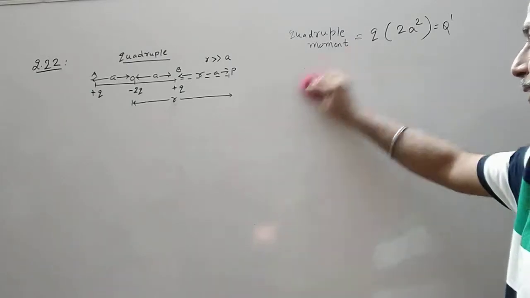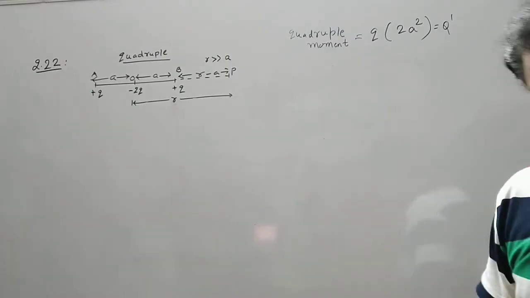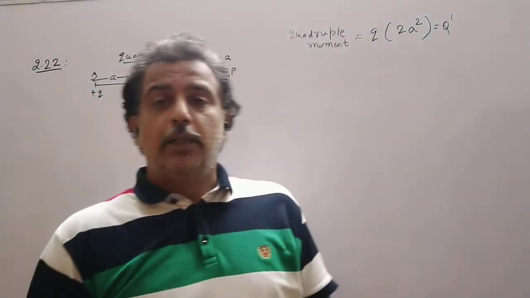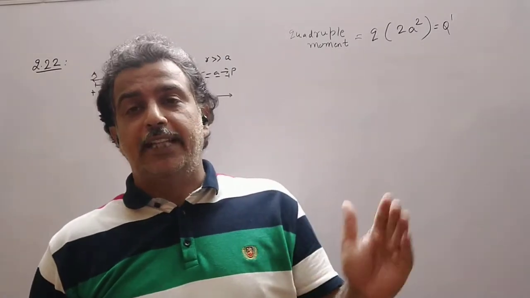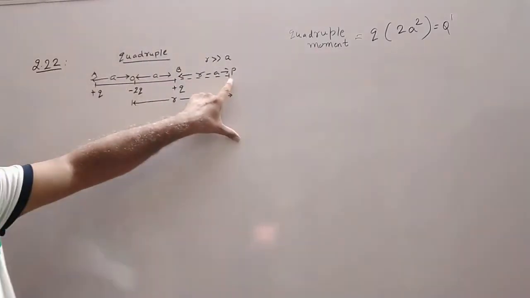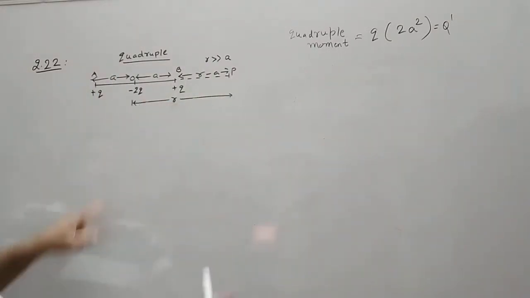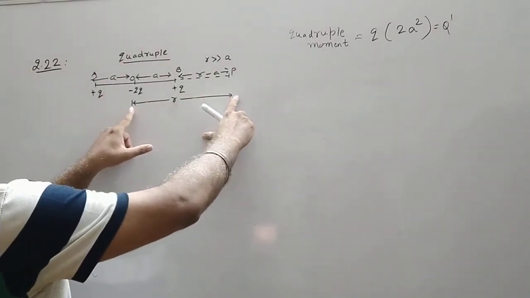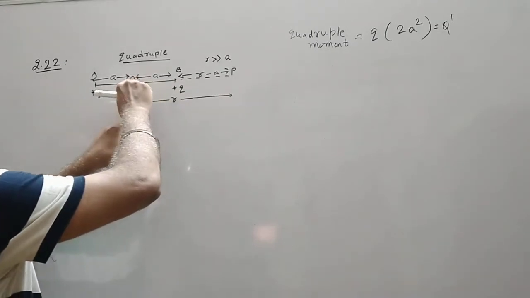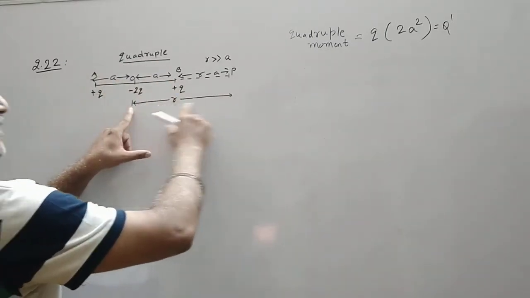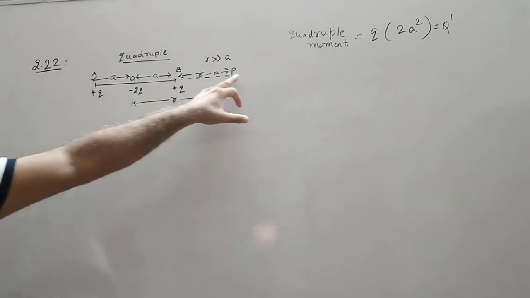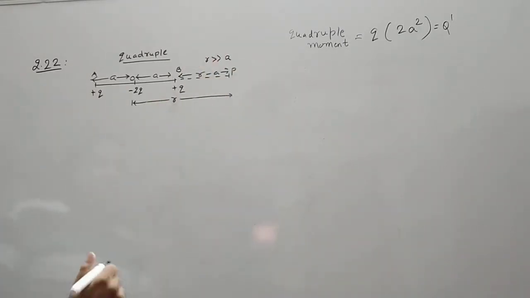The question is, a quadrupole is given, you have to find out the potential along its axis. So we consider a point P along the axis of a quadrupole, and the distance of point P from the center O, the origin, is r. We have to find out the potential at point P, which is along the axis.